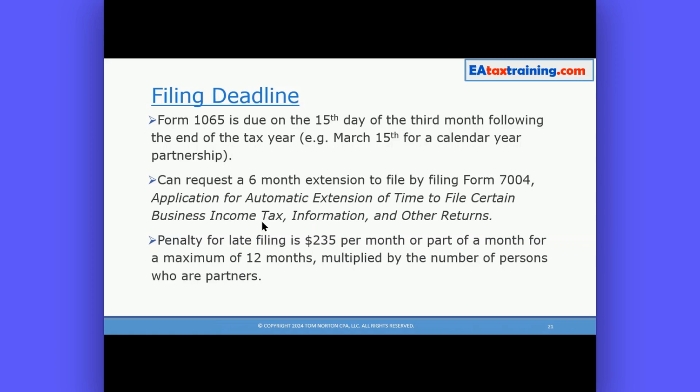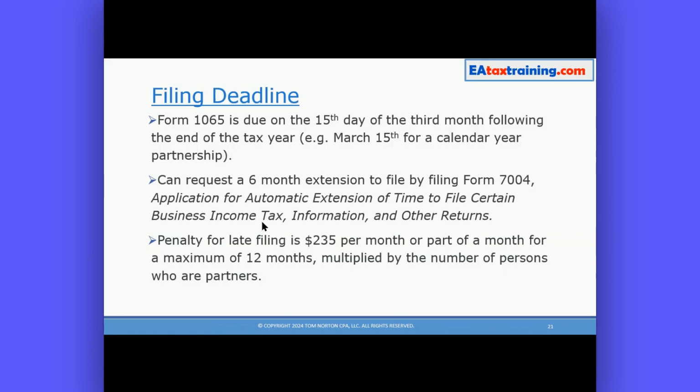The penalty for late filing is $235 per month multiplied by the number of partners. So it's $235 per month for a maximum of 12 months, but that's for each partner. So if you've got a lot of partners, it can get expensive. On some of the other returns, like your 1040, the penalty for late filing is based on the amount of tax you owe.